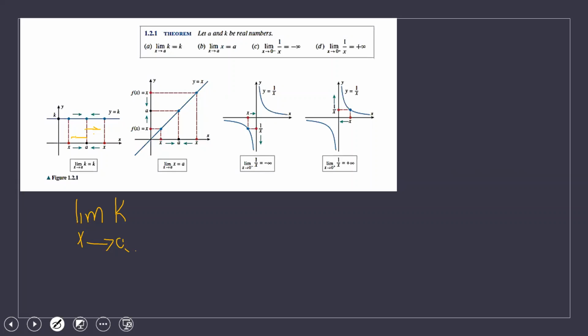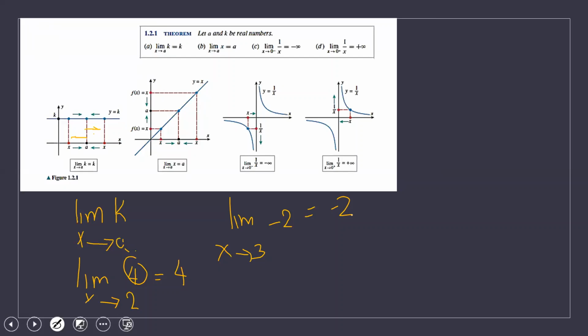So if I asked you to find the limit of 4 when x approaches 2, it is 4, the same as the number, and the limit of -2 when x approaches 3, as an example, is -2. So the limit of any constant when x approaches a is that constant.